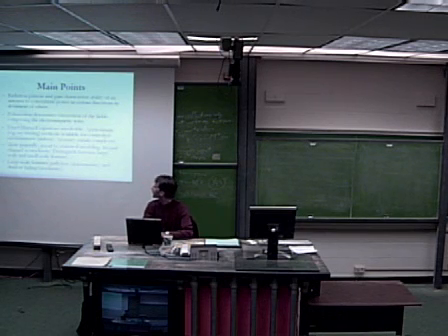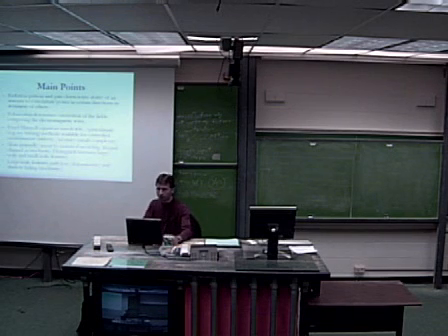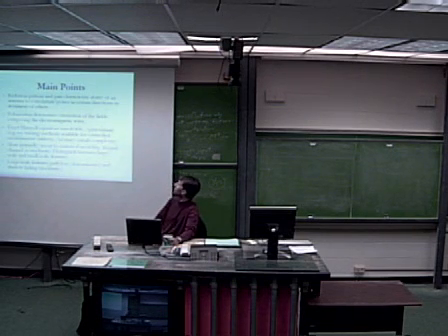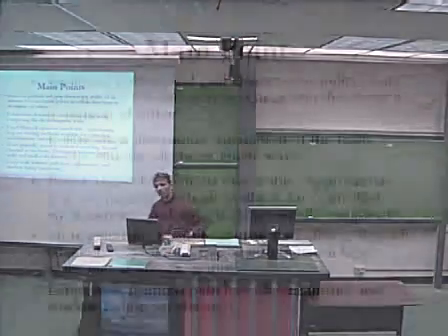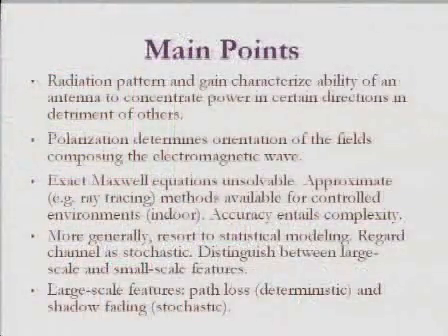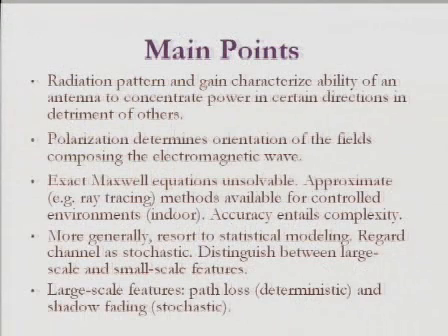So let's refresh our minds a little bit on what we saw last time. It's been 2 weeks. We talked for a while about antennas. And remember that we talked about something called the radiation pattern that characterizes the ability of an antenna to concentrate power in certain directions at the expense of others.